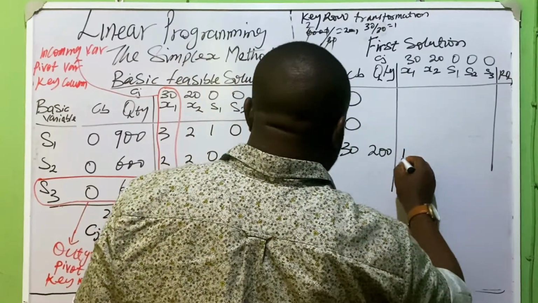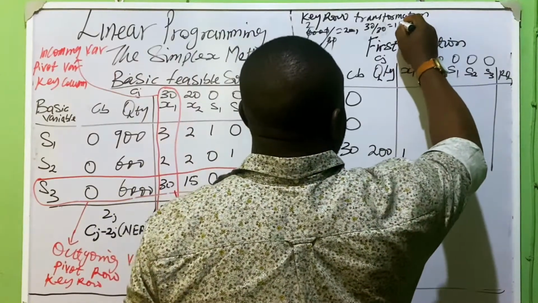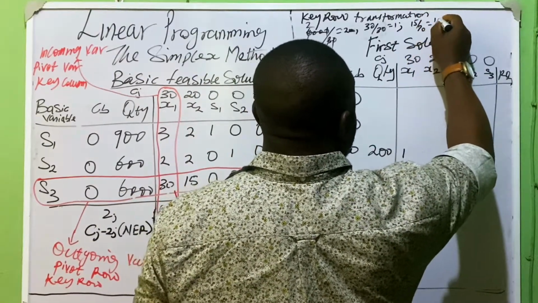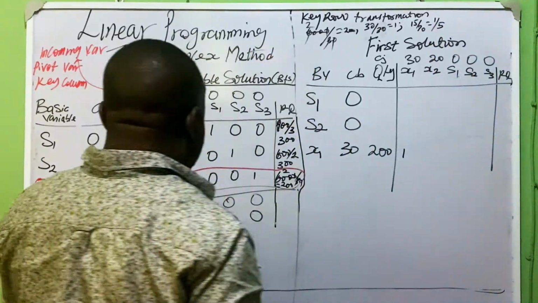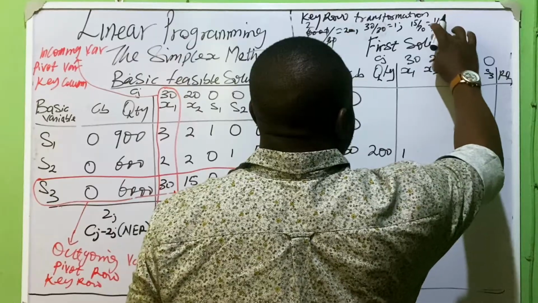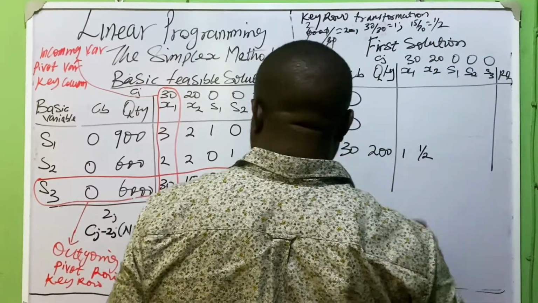So this place will be 1. 15 by 30 equals 1 over 2. So we'll have 1 over 2.